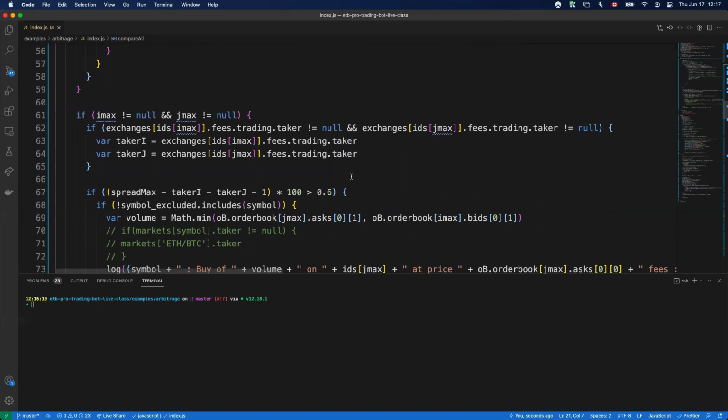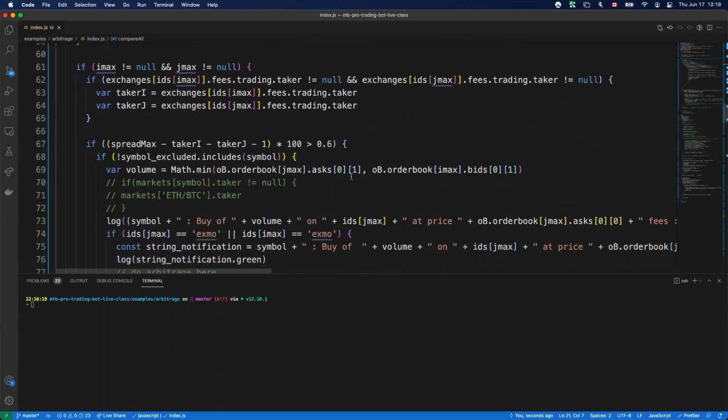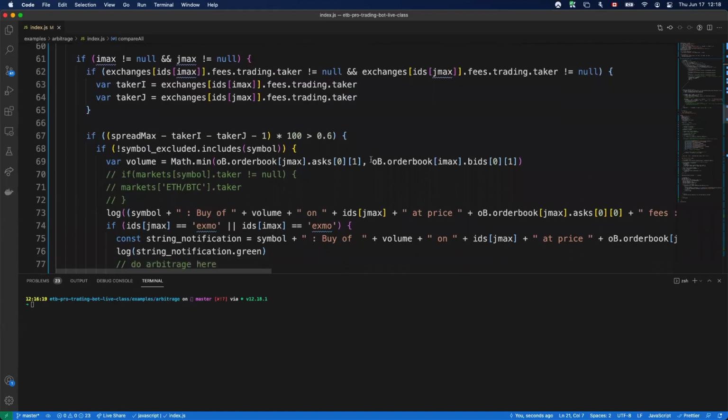The only way to make an arbitrage, if arbitrage is possible, is that number one, it should be profitable. If it's profitable, there should be maker and taker available in both exchanges, right? So those are some steps that we require for the back testing.